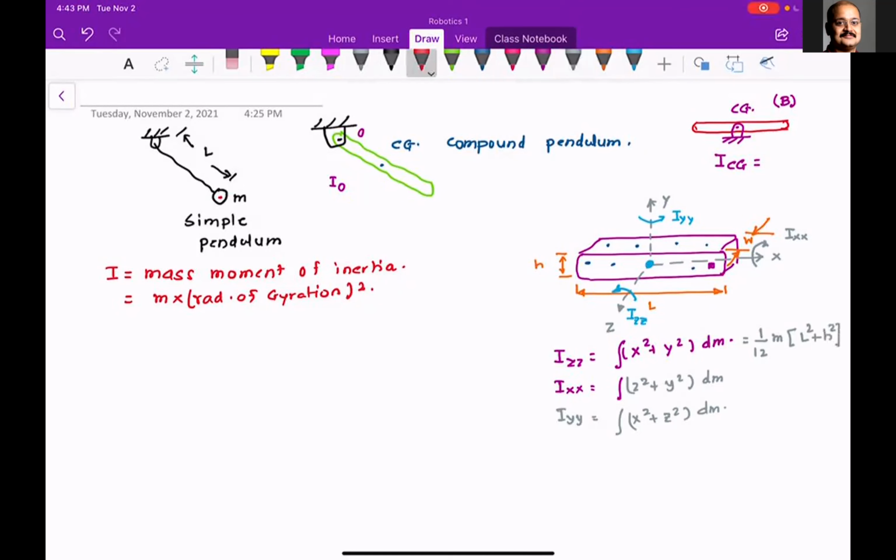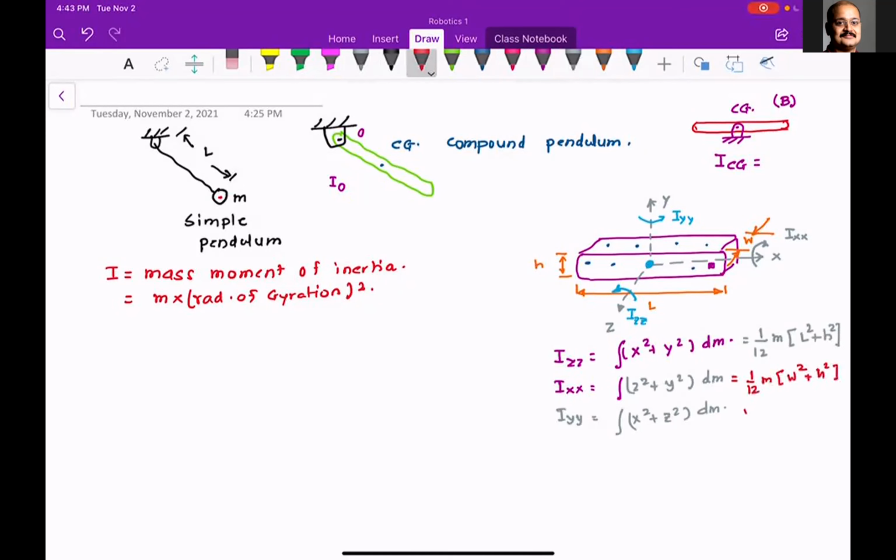If you look at IXX, the dimension in z direction is W and the dimension in y direction is h.